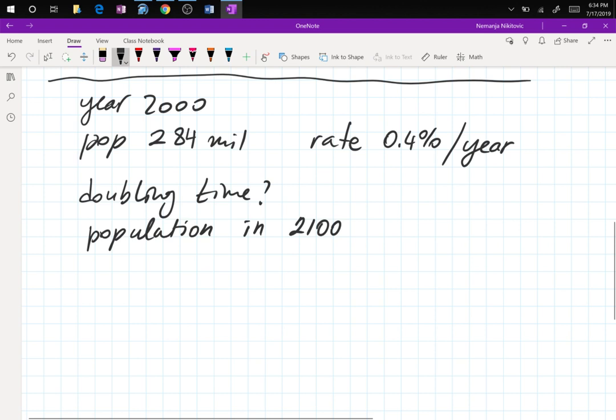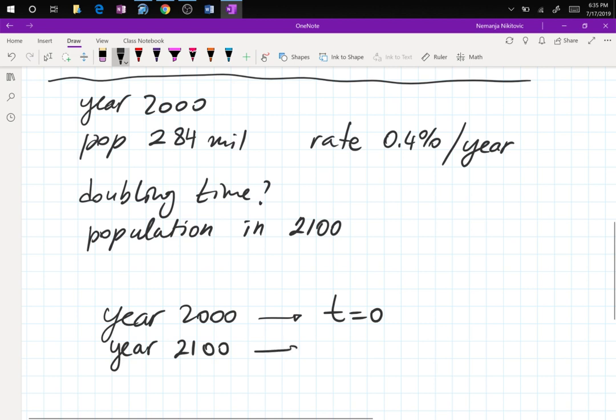The rate of growth is 0.4% in a year. So the first thing I'm going to do is set the year 2000 as t equals 0, which eventually will say that the year 2100 will be t equals 100.